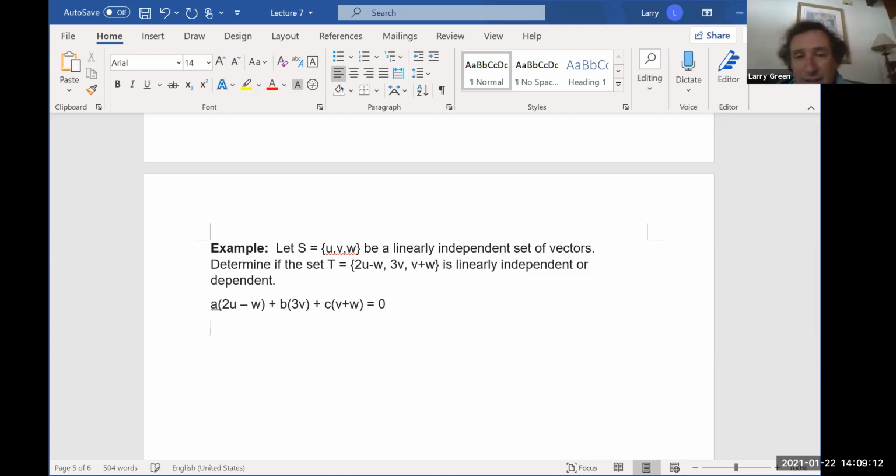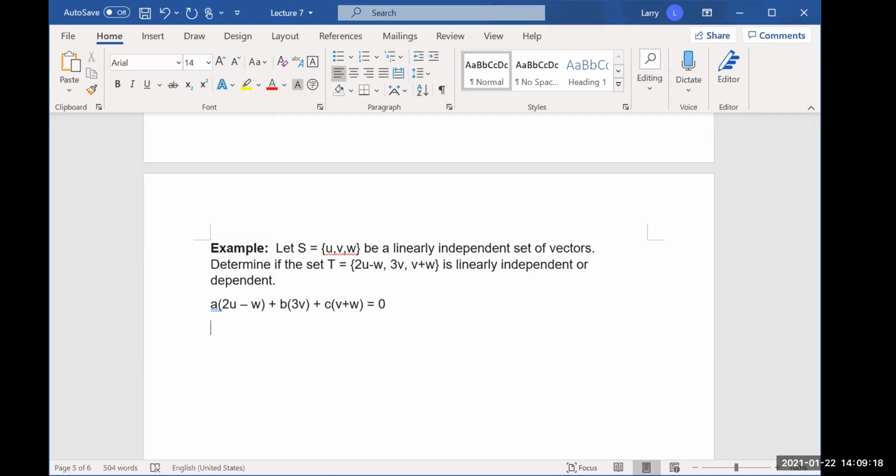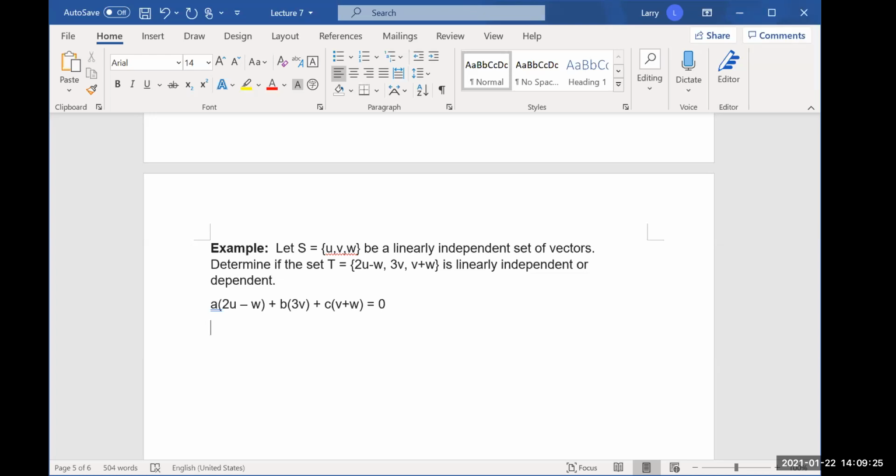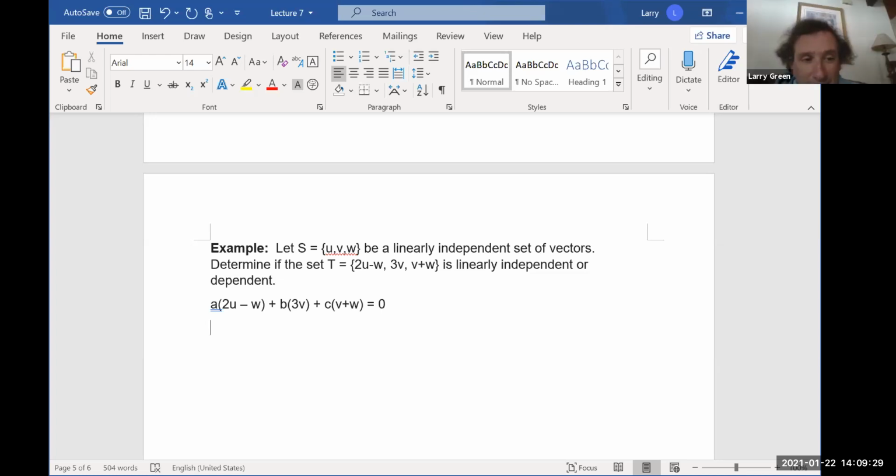So any idea what I can do? The hint is it's easy. Yeah, multiply. And I'm going to do two steps at once because you guys are linear algebra students, which means you should know algebra really well. I'm going to combine like terms. Sound good?